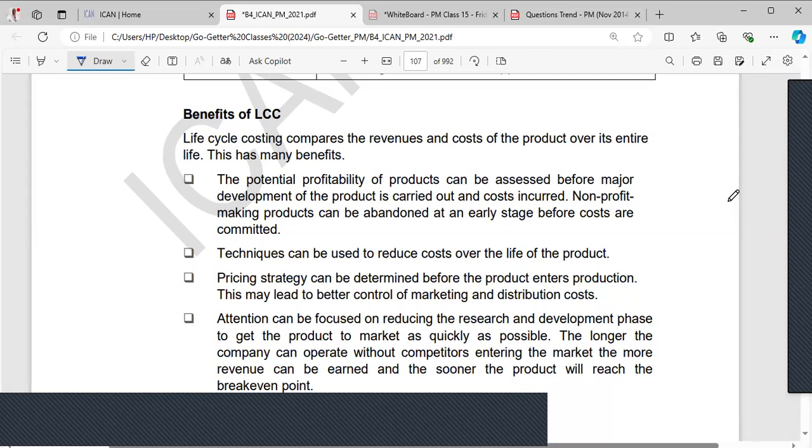So you don't want competitors who are also doing their own research to make products. You need to make your design and research quickly and get the product into the market so that before everybody wakes up and realizes what is happening, you are breaking even.